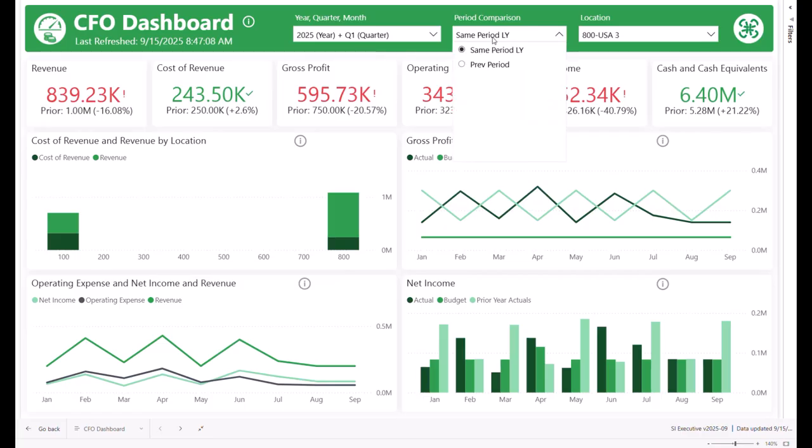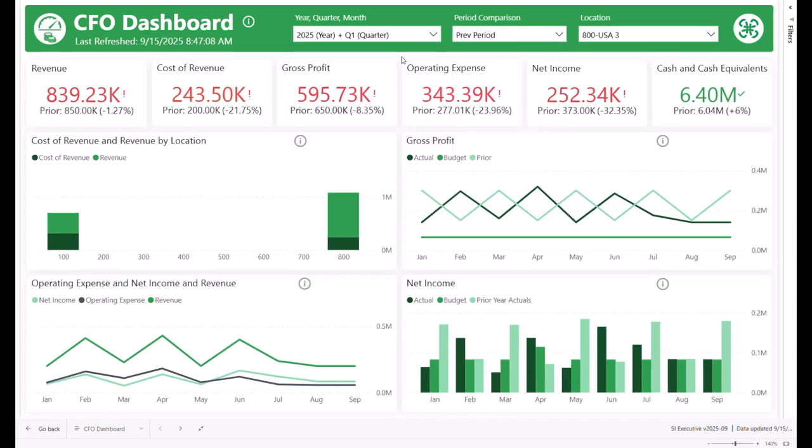And then I can also change this to be previous period. So the previous period in this case would be Q4 of 2024. And you see that the prior metrics here change along with the color formatting in some cases. That color formatting will change in comparison to the selected period comparison metric.